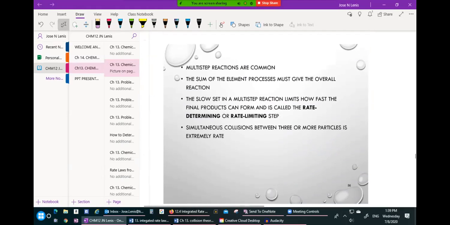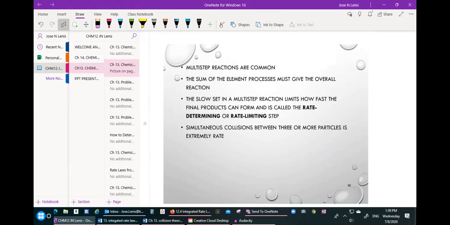I'll show you one more example, when we have multi-step reactions. Most reactions are multi-step. That means they go through different steps from reactants to form products.